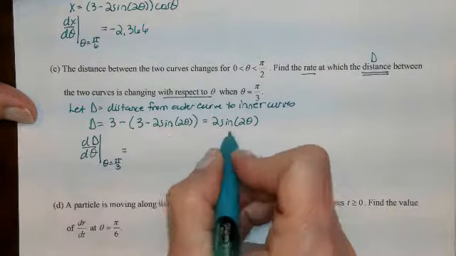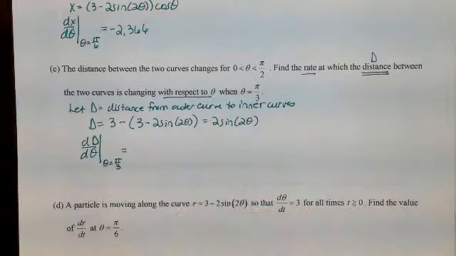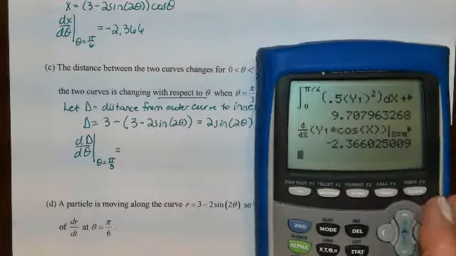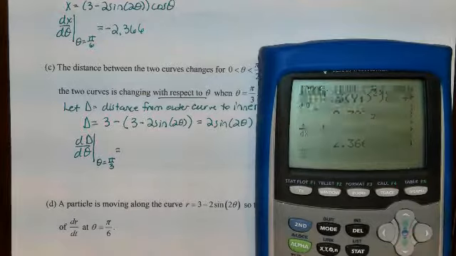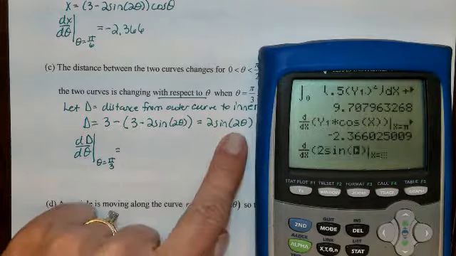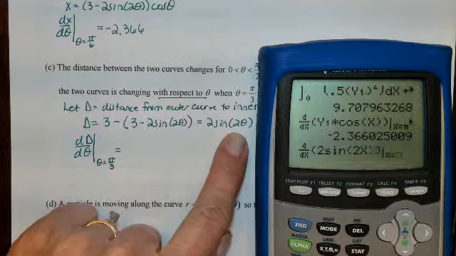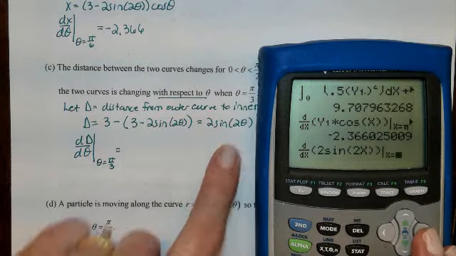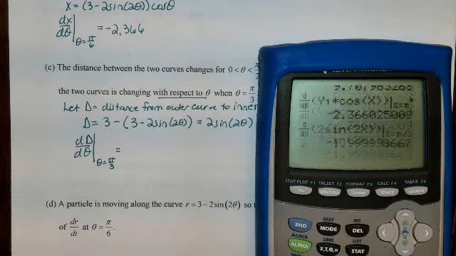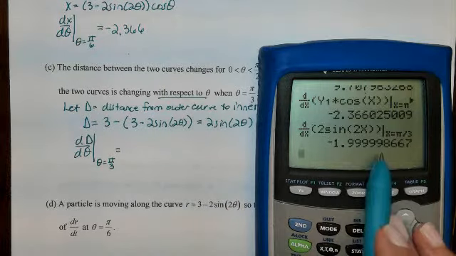So again, we could easily do that by hand, but I'm going to go ahead and let my calculator do that work. So I need the derivative of 2 sine of 2 theta, which is x for me, at theta equals pi over 3. Okay, so our calculator gives us this.